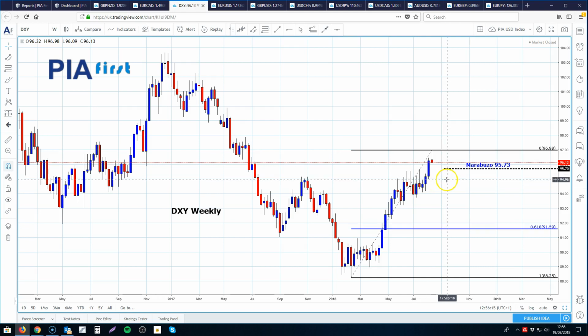If we close bearish and around about 95 the figure, then this three candle formation will be an evening doji star, and it will highlight, or hopefully highlight, that a top is in place for the dollar. If we get that, then we're going to be looking for an aggressive move lower to around about this level, 91.60.